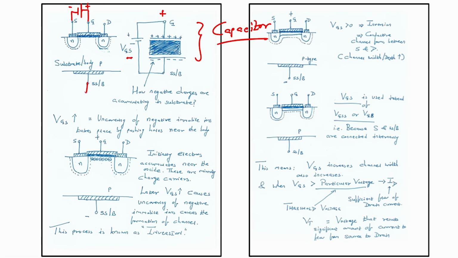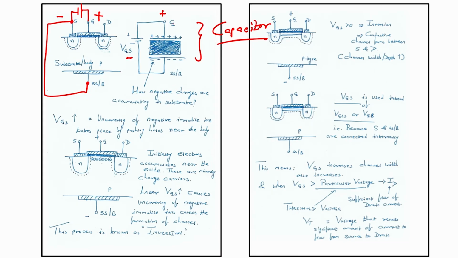I am connecting my substrate to the source. Again, let me write it down so that you can see clearly: the source is negative, the gate is positive, applying gate to source voltage, and I am connecting my substrate to the source.